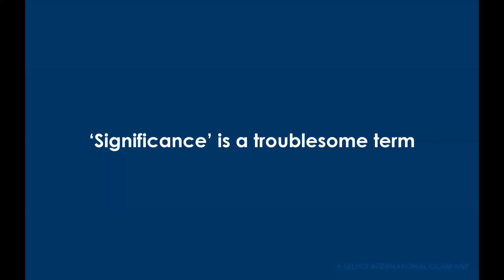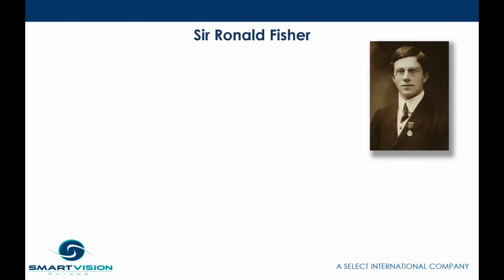Okay, so the first thing we encounter is the fact that significance is a really troublesome term. Most statisticians really don't like it, myself included, because it implies a great deal, which is not accurate. So it's kind of an inaccurate term. One of the issues is that it implies it's notable, and as we'll see, it's possible for things to not be that significant or notable.